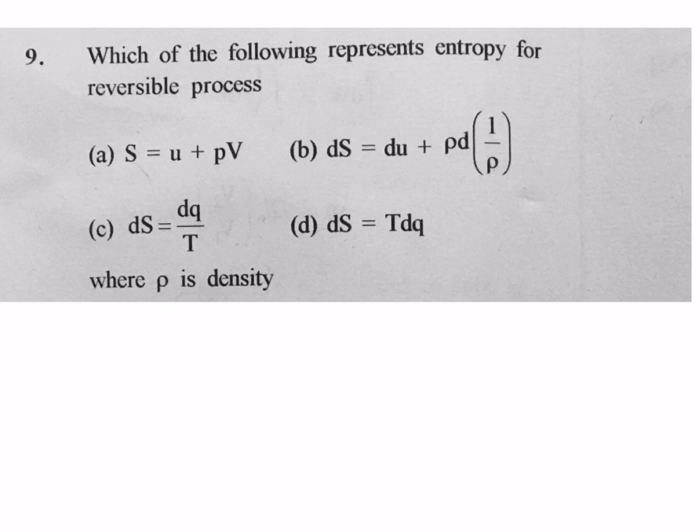Next question, which of the following represents entropy for a reversible process? And we know dq by T is less than or equal to ds for a process. If you want to remove the less than or equal to sign, you have to add something.